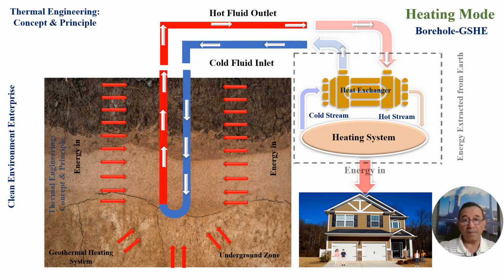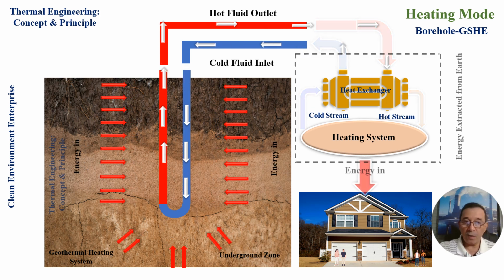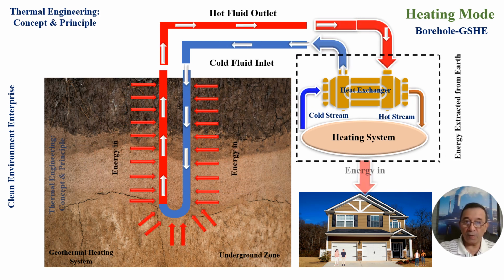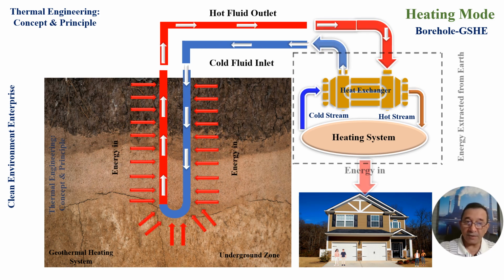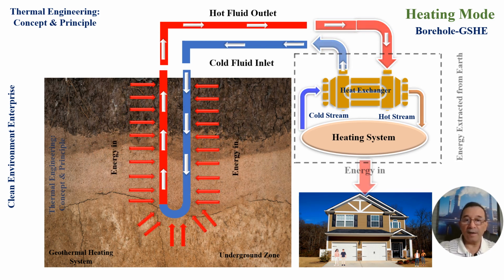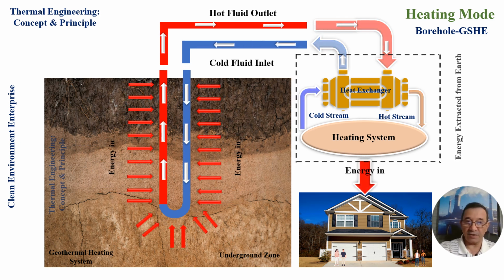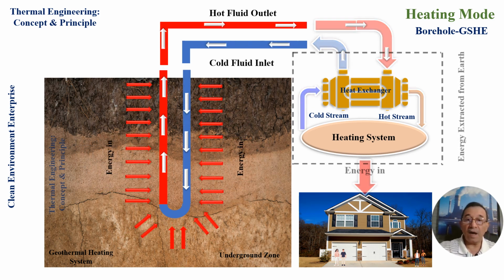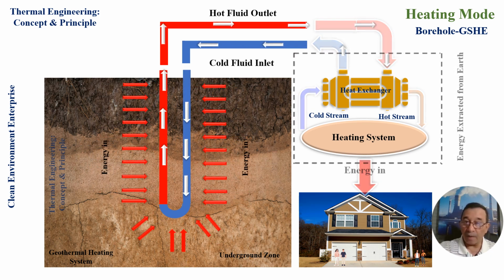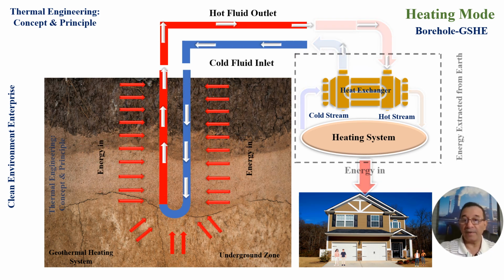In this system, we have the heating mode where the Earth works as an energy source to the fluid which passes through the borehole in the blue direction, which extracts energy from the ground and then returns back to a heat exchanger, which is a part of the heat pump.